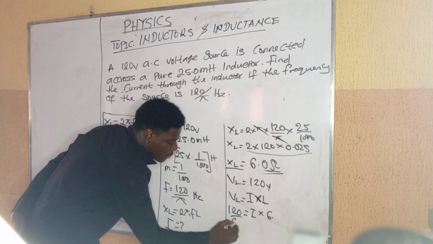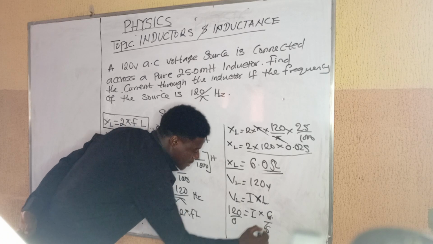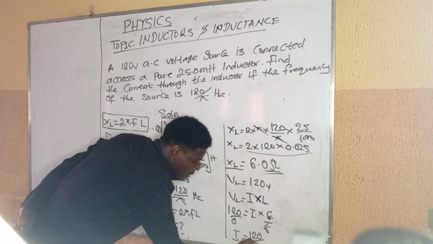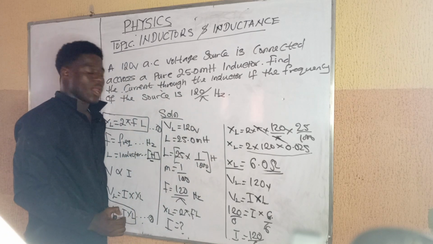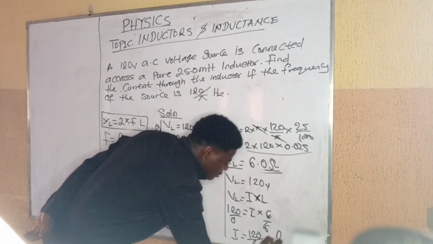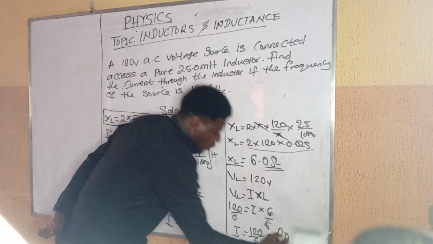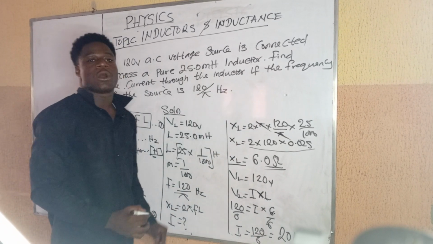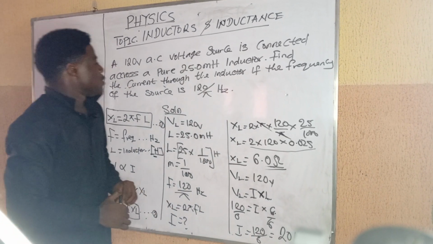I divide both sides by 6, so my current is equal to 120 divided by 6, and the answer is 20 amps, because the unit of current is amps.